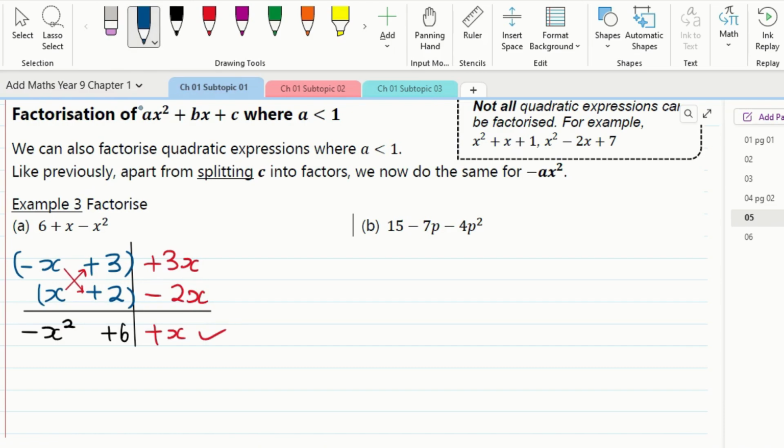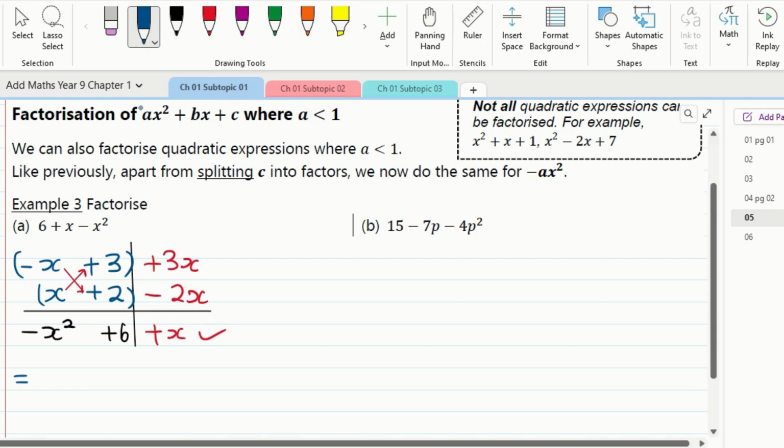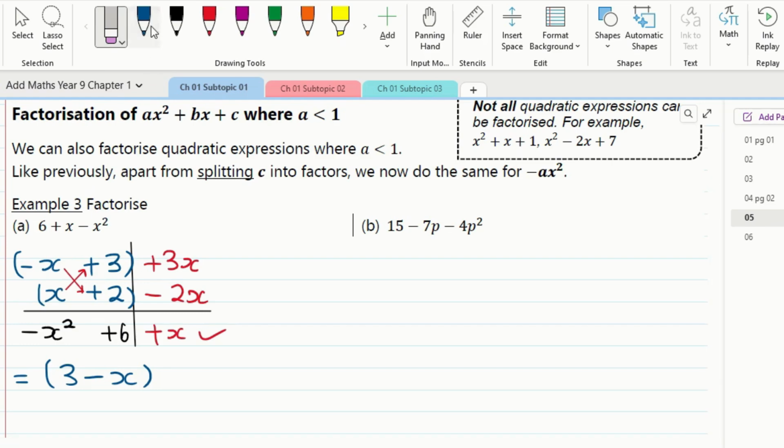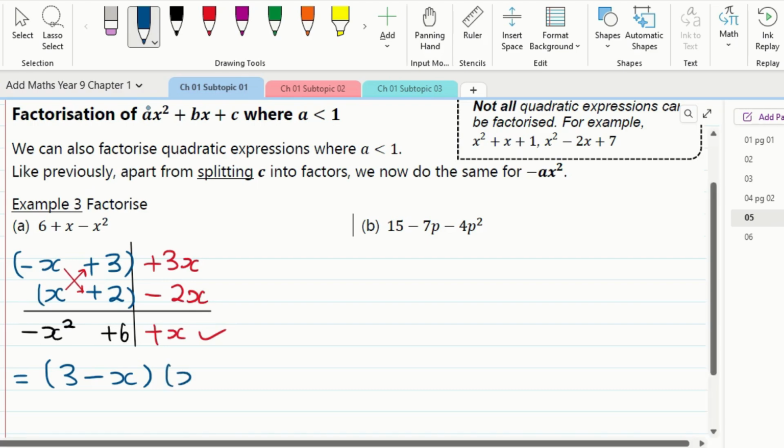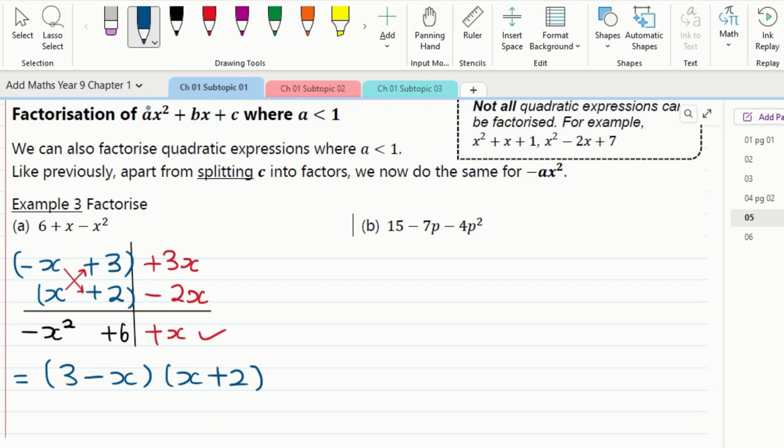So here you will have negative x plus 3, or if you want to make it look good, you can put it as 3 minus x. It's the same thing, it's just that you are rearranging them in one bracket. And as for the second bracket, you can write down x plus 2.